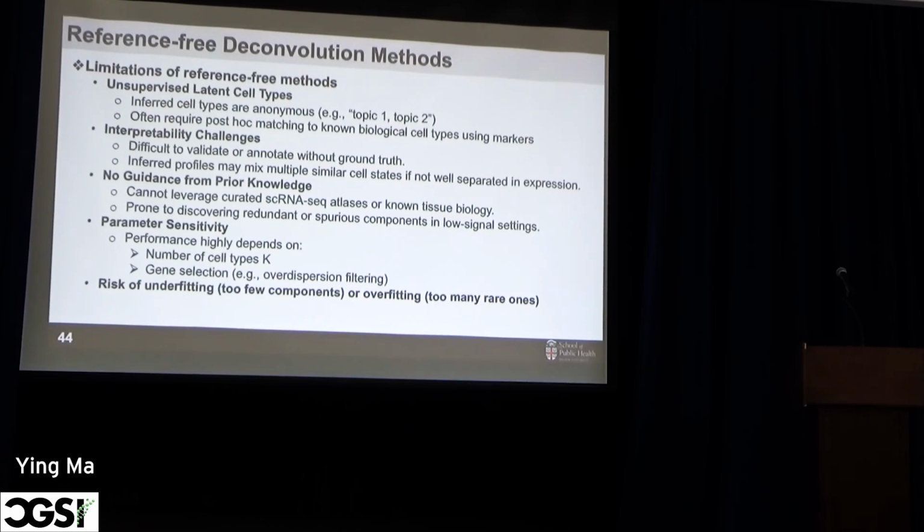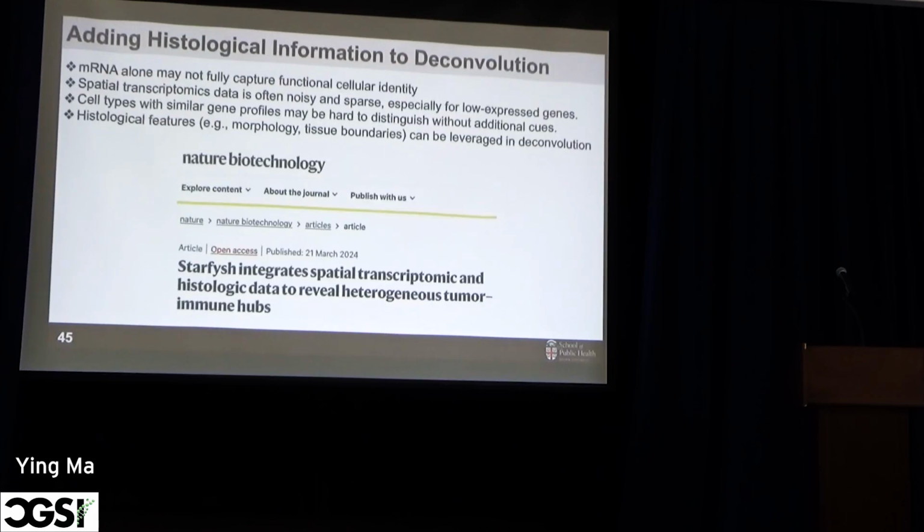It might also be sensitive to gene selection, because now you don't have the reference information. All your information relies on which informative genes are representative of these cell types. So that's why it's also sensitive. And it also risks underfitting with too few components or overfitting with too many components. So those are the limitations of the reference-free method.